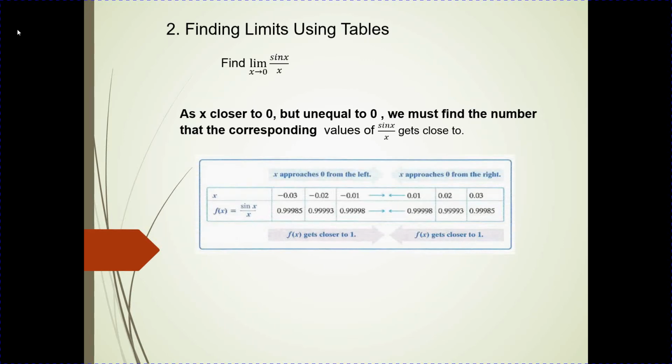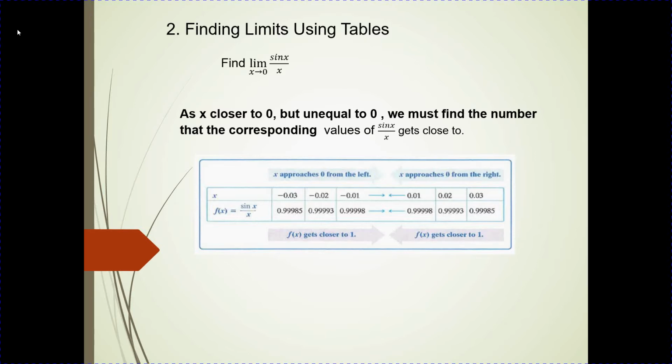When you see the table for x values which are very close to 0, like negative 0.03, f of x, which is sine x over x, becomes 0.99985. And again, when you get closer to 0, at negative 0.02, the value of f of x becomes 0.99993, and so forth.